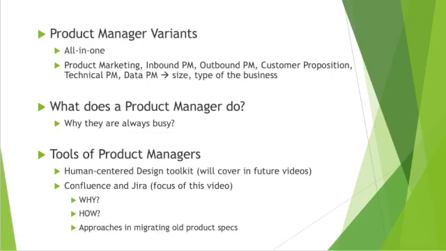So after going through the process of how to do it, I'm going to cover why we need to use Confluence and Jira, or mainly why we need to use Confluence to capture the requirements.